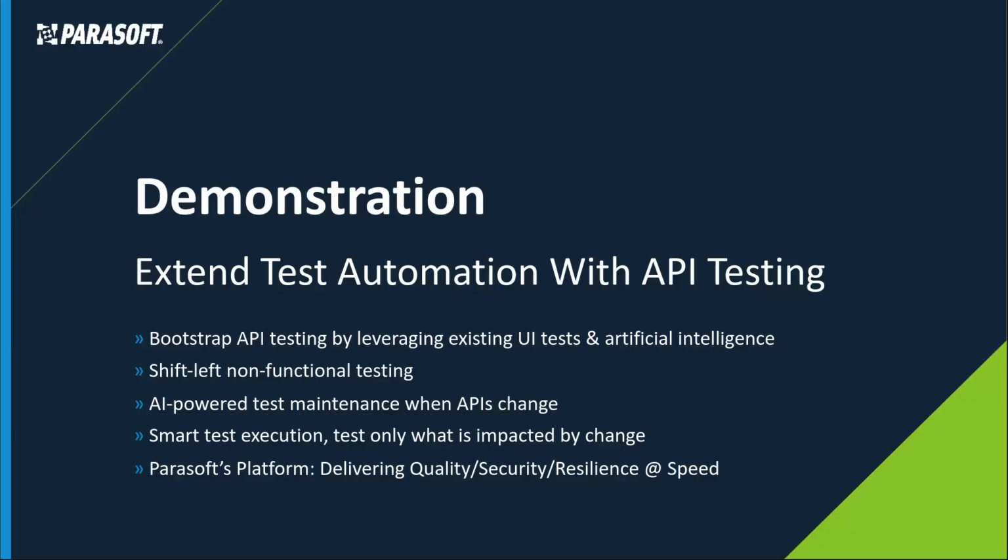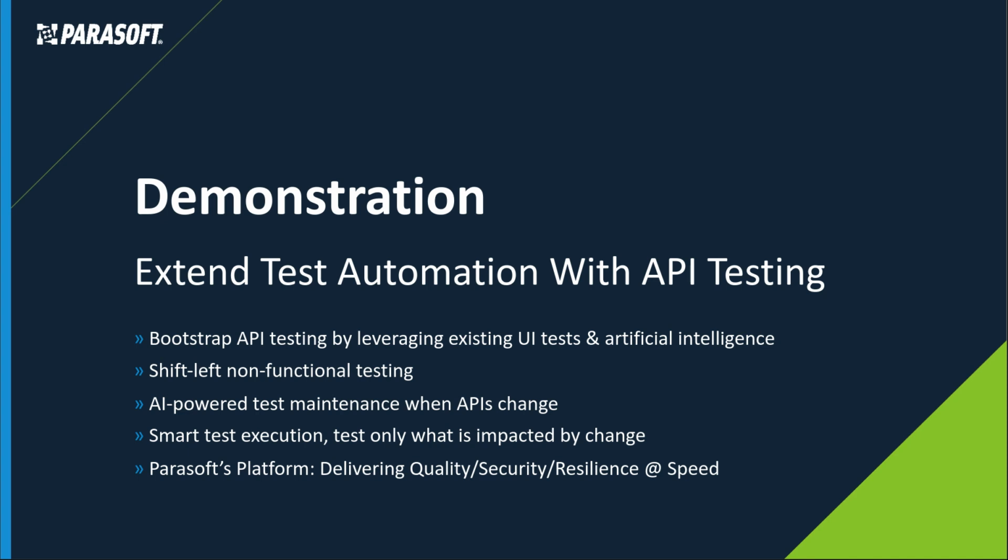And in our previous webinar titled Fuse AI into the CI/CD pipeline to optimize Selenium testing, we had a focus on testing the UI layer. So today, we're going to pick up where that webinar left off and focus our attention on APIs.